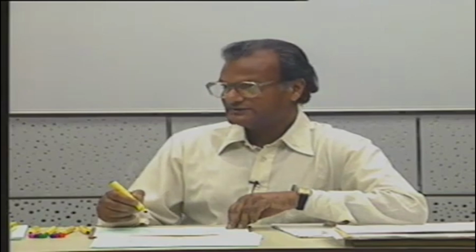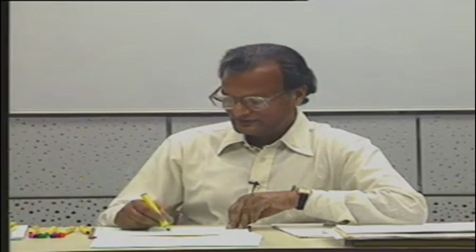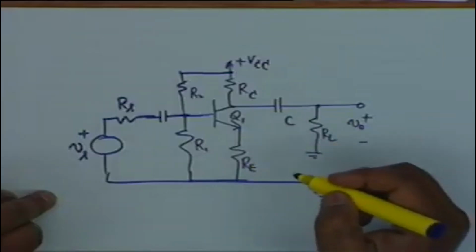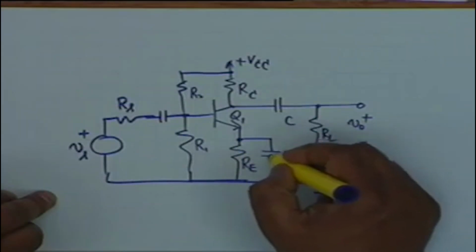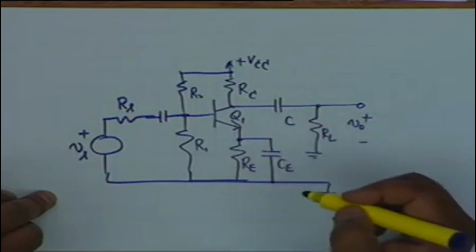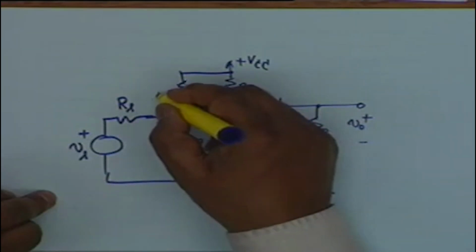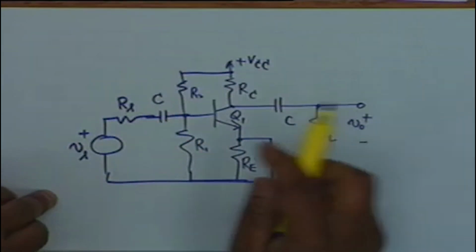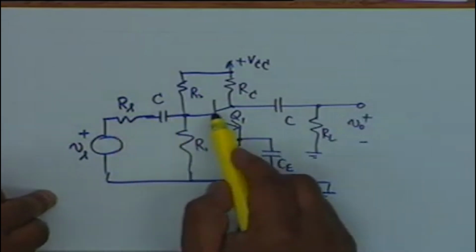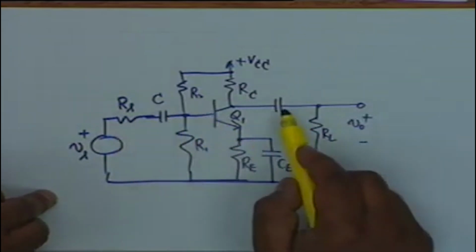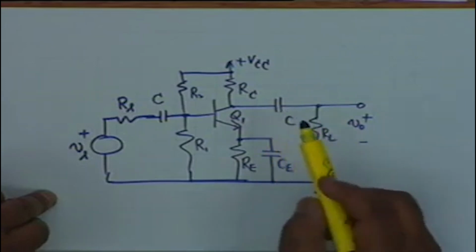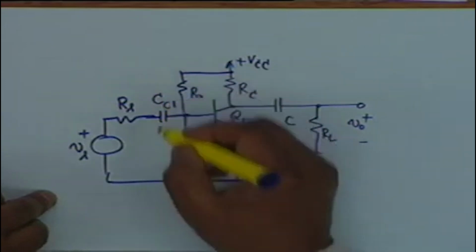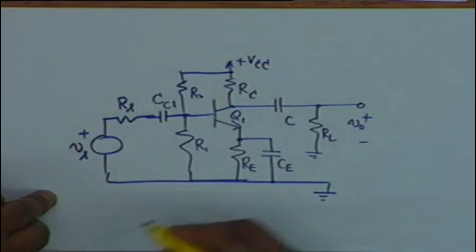The capacitors, I have made a mistake in this. This resistance RE has to be bypassed by means of a capacitor which you shall call CE. There are three capacitors. You see these two capacitors are coupling capacitors. This capacitor couples the source to the transistor. This capacitor couples the load to the transistor. This is called CC1, coupling capacitor 1, and this is called CC2.